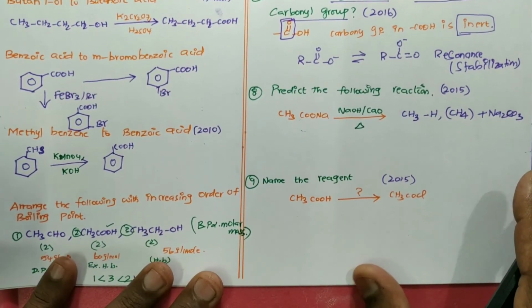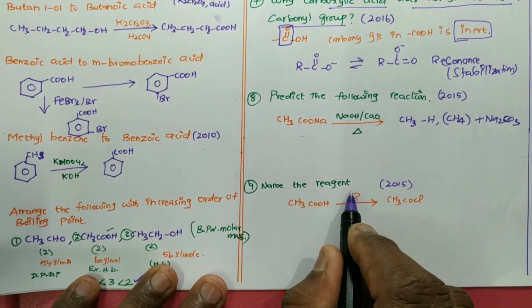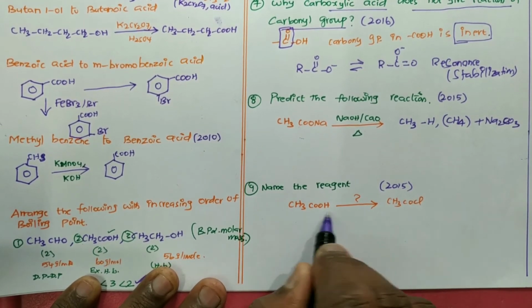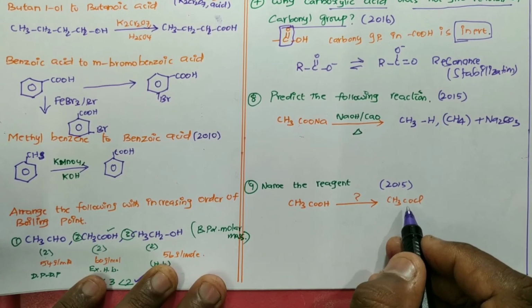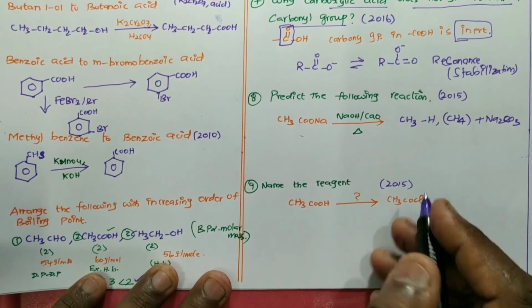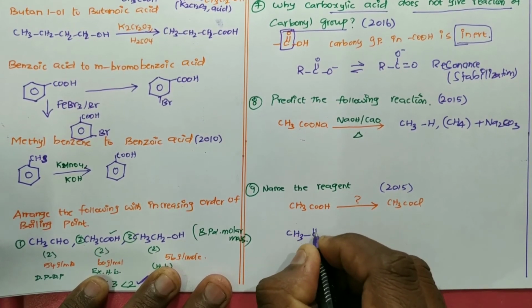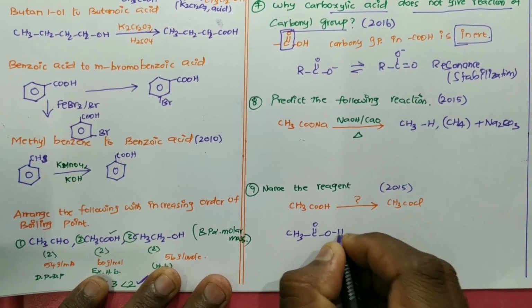And name the reagent. That was asked in the year 2015. Acetic acid is getting converted into its respective acid chloride. How can we do this? This is CH3, C=O, OH.